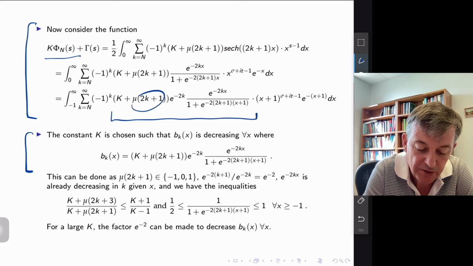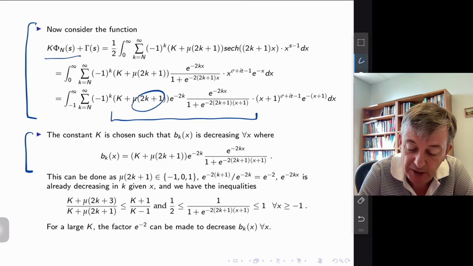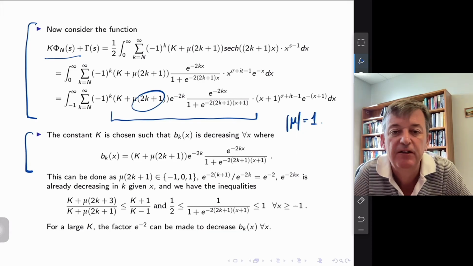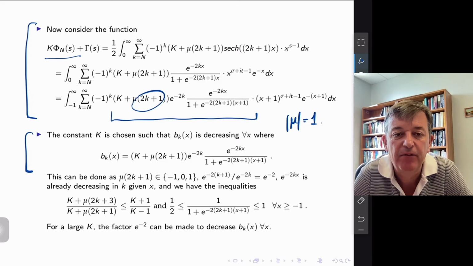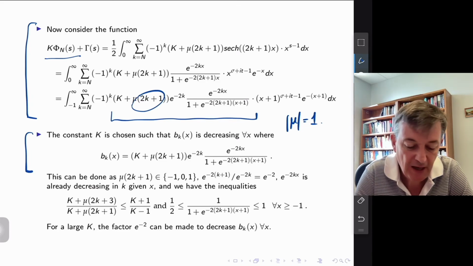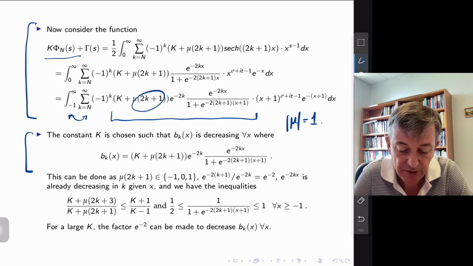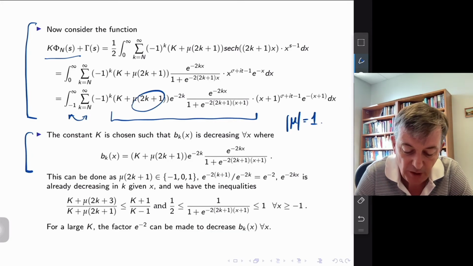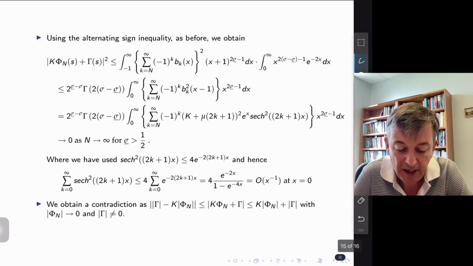Remember that there's always an issue with the behavior of the Mobius function. Even though we know that the absolute value of the Mobius function is equal to 1, remember it only takes values minus 1, 0, 1, it's still quite hard to bound these series and to allow us to do a Fubini type result. So, devil in the details with these boundings.